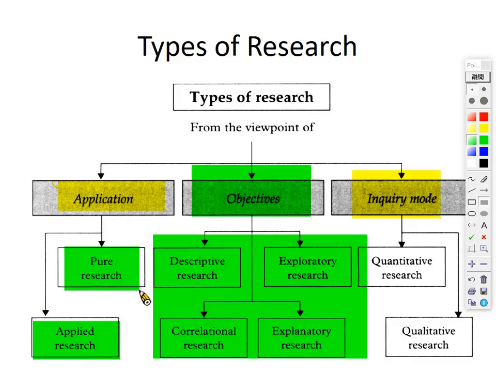Inside that atom, how many neutrons and electrons are there? What are the interactions of the electrons in one atom? Well, there's no imminent use. But the findings of pure research may be very profound. It can change our understanding of the universe. So this is pure research.